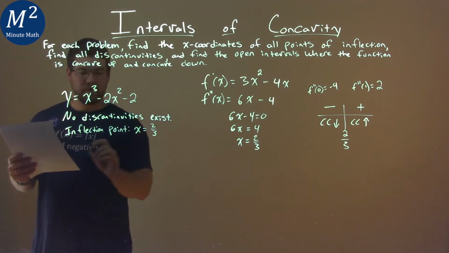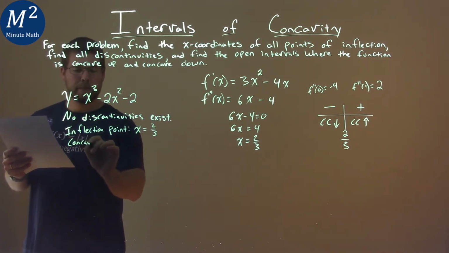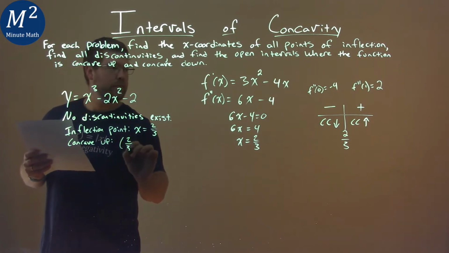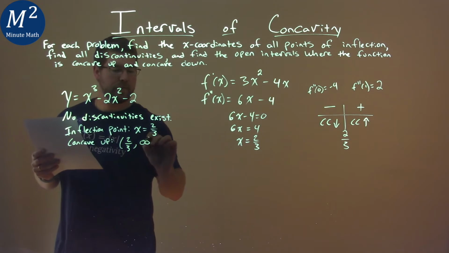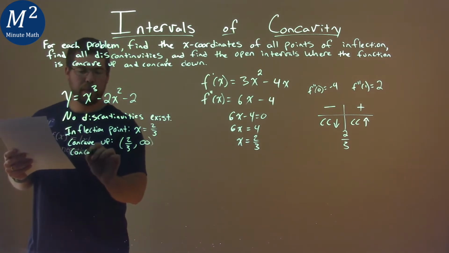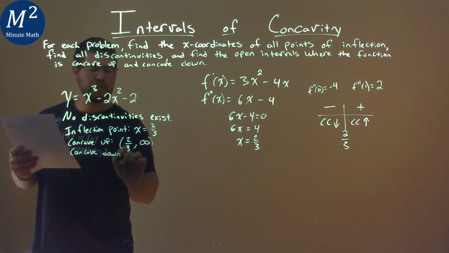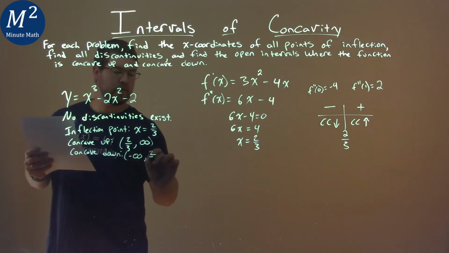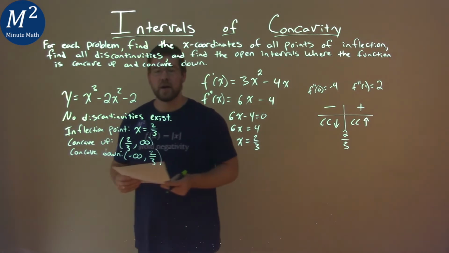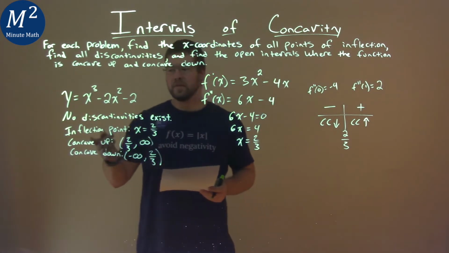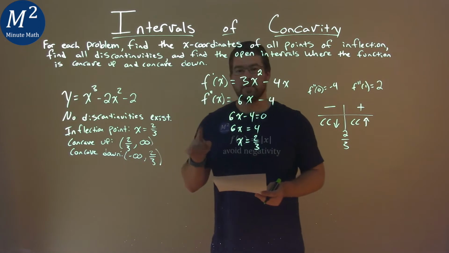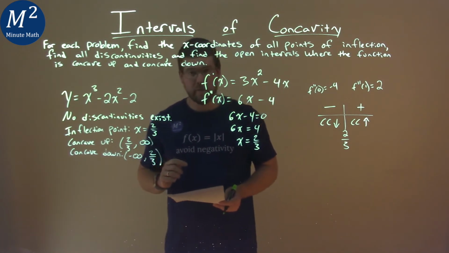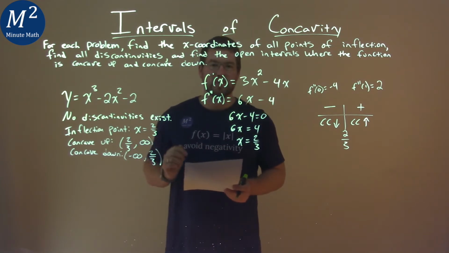Our concavity, we're concave up on the interval from 2/3 to positive infinity, but we're concave down on the interval from negative infinity to 2/3. And so again, our final answer here is no discontinuities exist. Our inflection point is at x equals 2/3, and we're concave up from 2/3 to positive infinity, and concave down from negative infinity to positive 2/3.